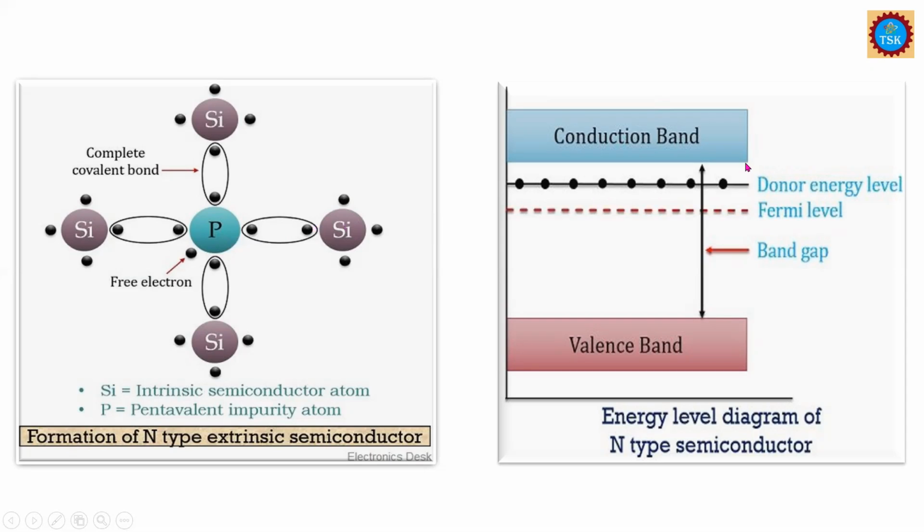All these free electrons are available in the donor energy level. For a small change in temperature, these electrons are excited to the conduction band, so we see an increase in conductivity for a small change in temperature.